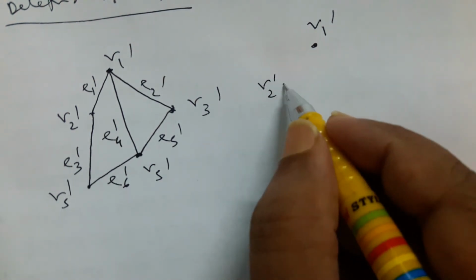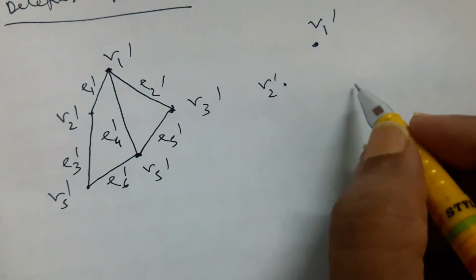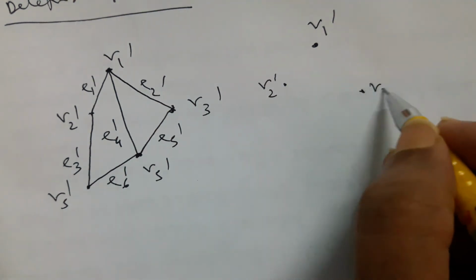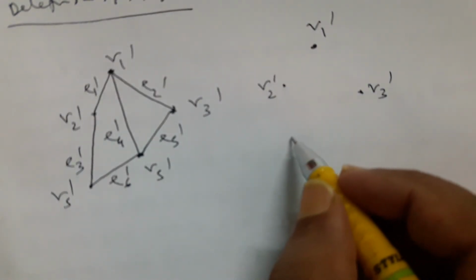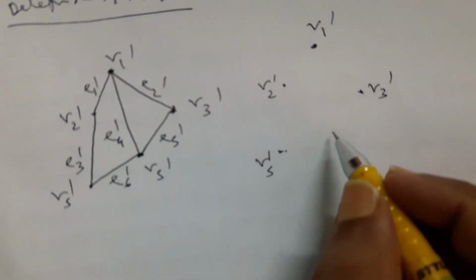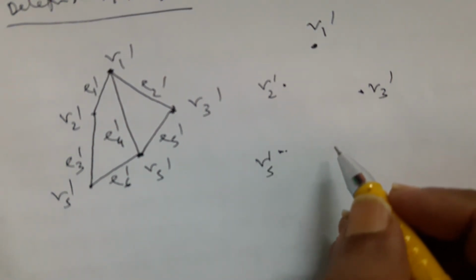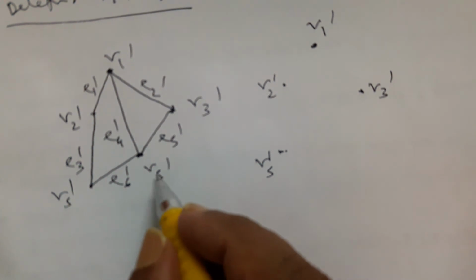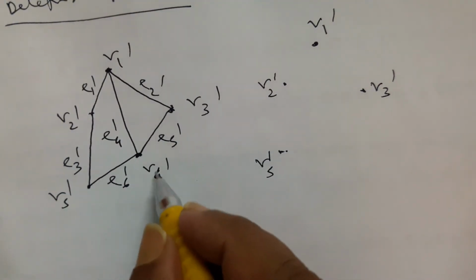v2 dash, v3 dash, v5 dash. Here is a correction: it is v4 dash.